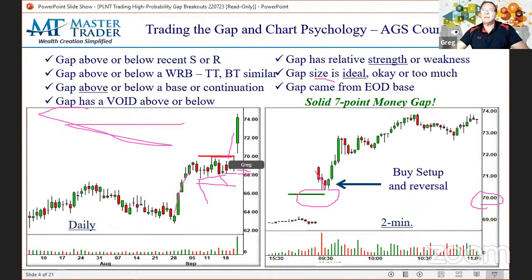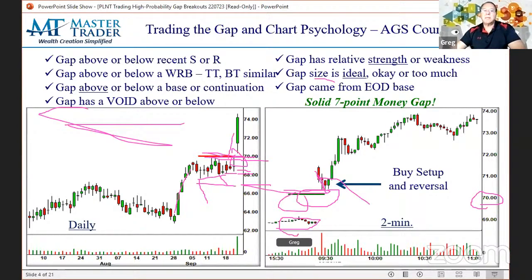This pullback into this minor resistance area, right? Let's extend this over this way and it puts you right here. So this is this. And now I get this little pullback and reversal. Like, take it, buy it. Now manage from there. Now, end of day base. Well, that was the last one.